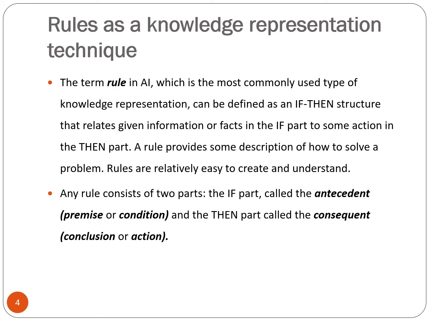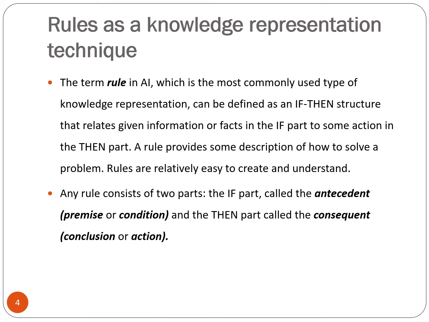Any rule, when you develop an expert system, consists of two parts. We have the if part, which we call the antecedent, premise or condition, and then the then part, which we call the consequent, conclusion or action.